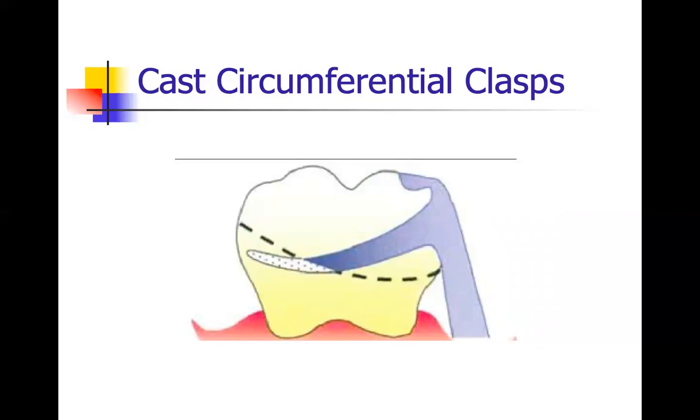A clasp arm that originates above the height of contour and approaches the tooth undercut from the occlusal direction is called a circumferential clasp or encircling clasp.